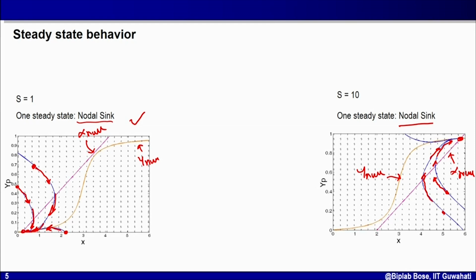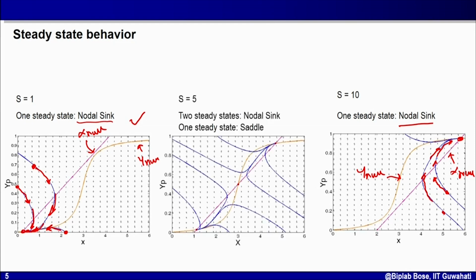What happens if I have S equal to 5? So if you remember, if S equal to 5, then I have 3 points of intersection. And if you look at the trajectories, this trajectory is going and hitting this steady state. This trajectory again is going and hitting this steady state.